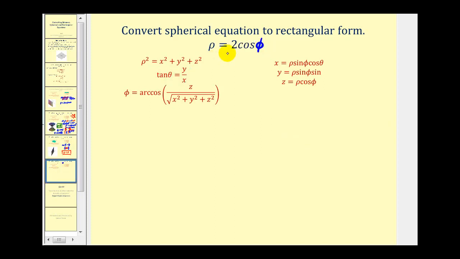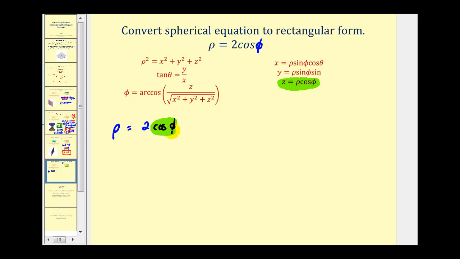Here we have rho equals 2 cosine phi. Here we want to convert the equation rho equals 2 cosine phi into rectangular form. If we take a look at this equation here, if we solve this for cosine phi, we'd have cosine phi equals z divided by rho.